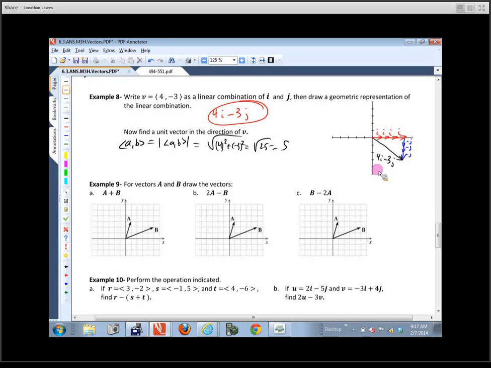So stop and think about this for just a second. If it's 5 units long right now, and I want it to head in exactly the same direction, but I only want it to be 1 unit long, how could I take that vector, or if you want to think of it in component form like this, how could I make it so it's only 1 unit long? Divided by 5, right? So let's do 1/5, 1 over the magnitude times <4, -3>. And we end up with this vector, <4/5, -3/5>.